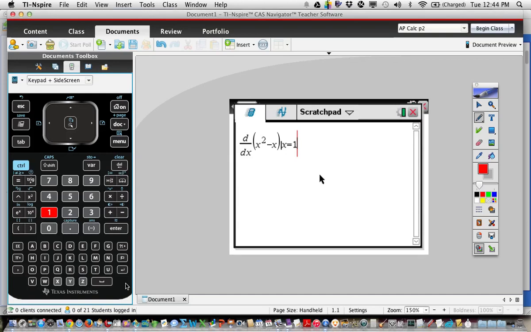This is saying tell us the derivative of x squared minus x with x equals 1. So this is like saying what's f prime of 1. And we hit enter, and it tells us the slope is 1. And that's what it would be if we were looking at this problem. So that's another way we can do it, is actually ask the calculator to just tell us what it is.